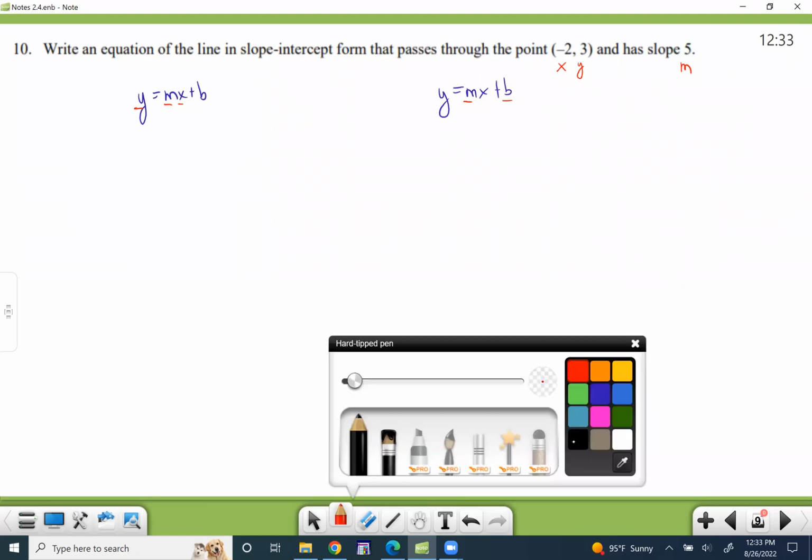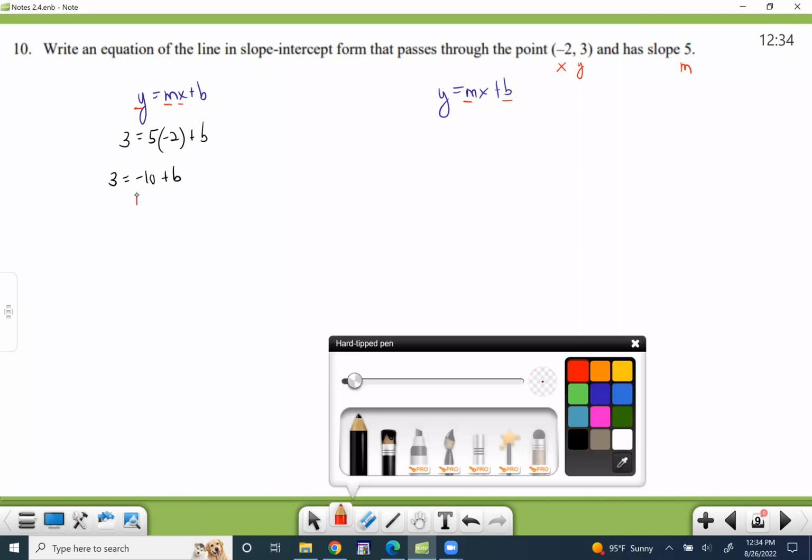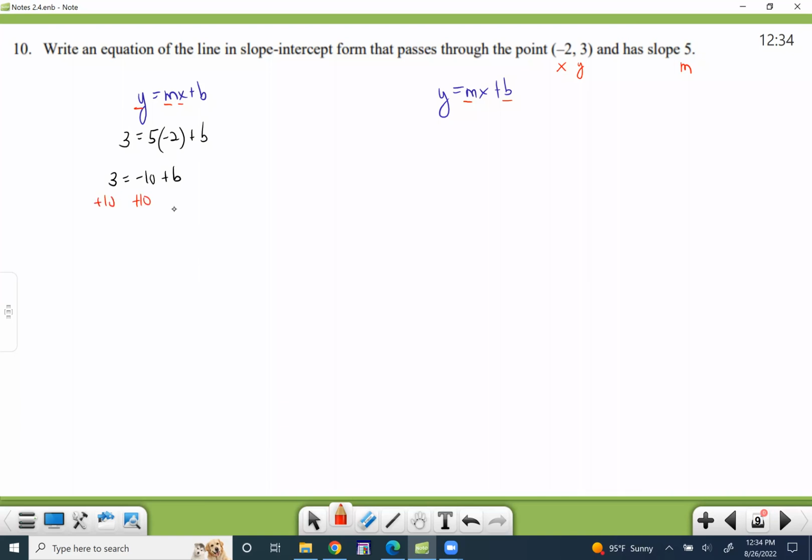So we are going to substitute in for the y a 3, for the m a 5, and for the x a -2. And we're going to solve for b, you guys. So 5 times -2 is -10. We'll add 10 to both sides.